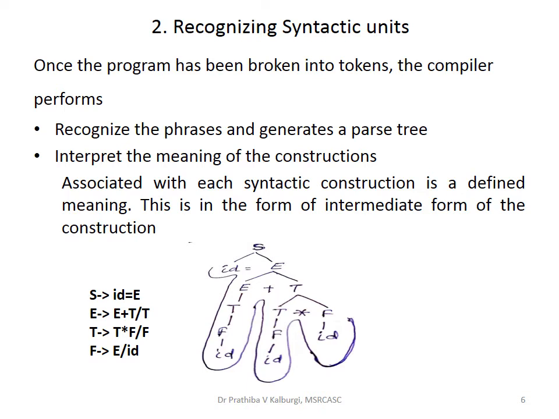So the statement is going to derive an identifier which is equal to an expression, and this expression again derives an expression plus the term, and then a term, and then the term is going to derive the factor, and then this factor in turn derives the expression or an identifier.